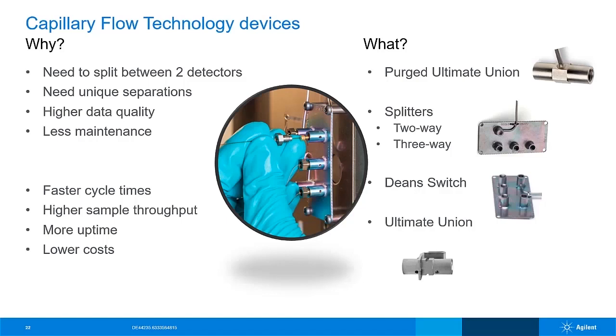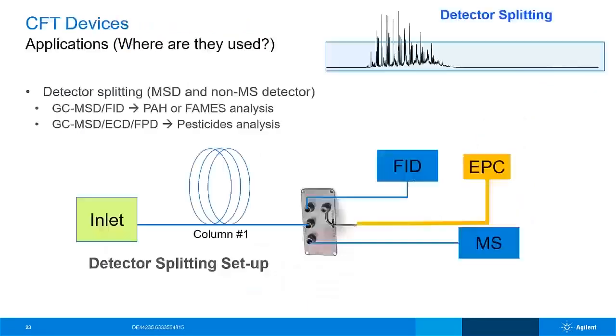Now there are several CFT devices. These include the Ultimate Union, the Purged Ultimate Union, multiple splitters, two-way and three-way, both purged and non-purged, and also the Dean switch. Let's focus on detector splitting first. Splitters are used to split signals between multiple detectors, whether the analysis requires splitting between two or even three detectors.